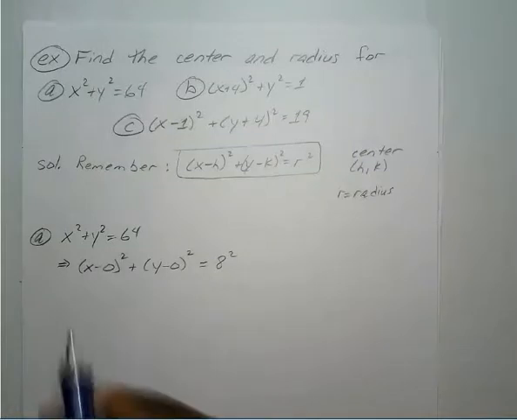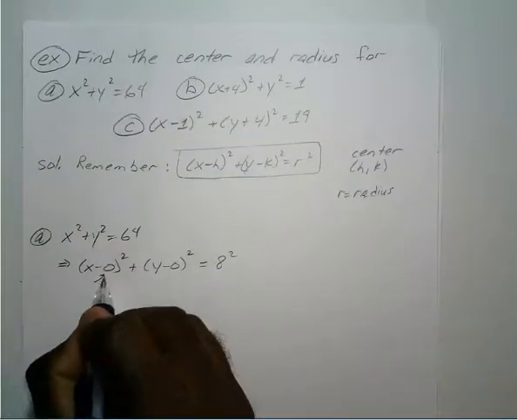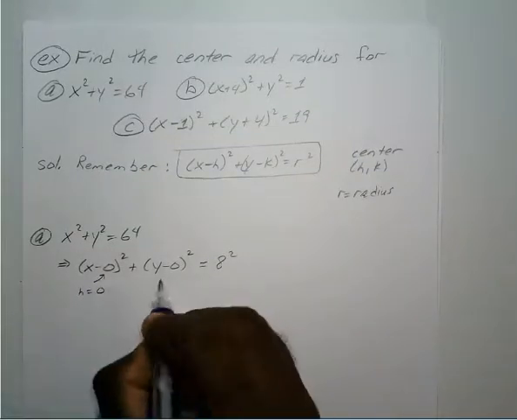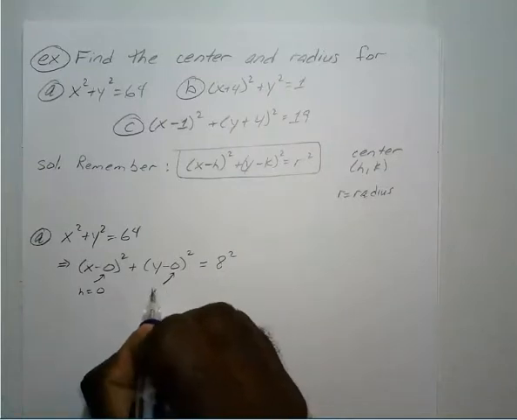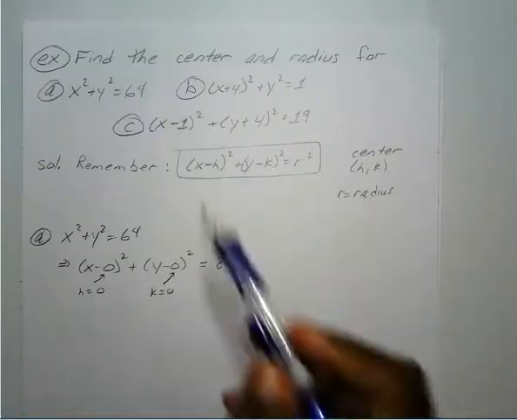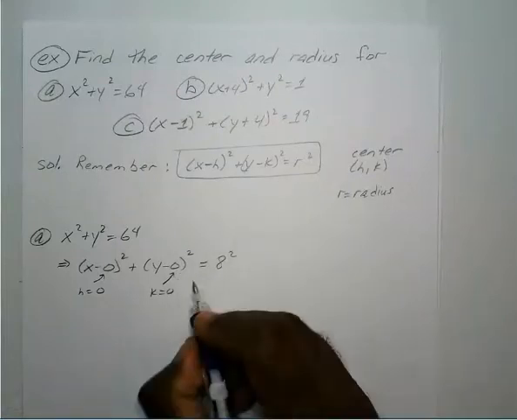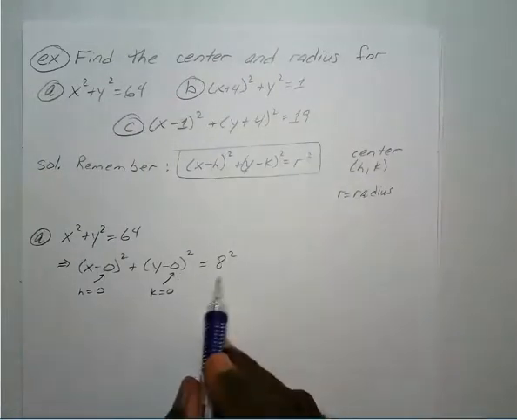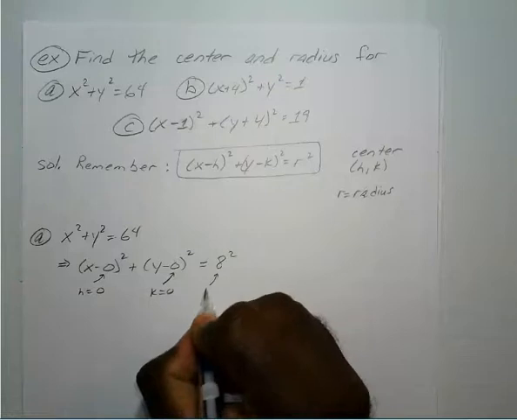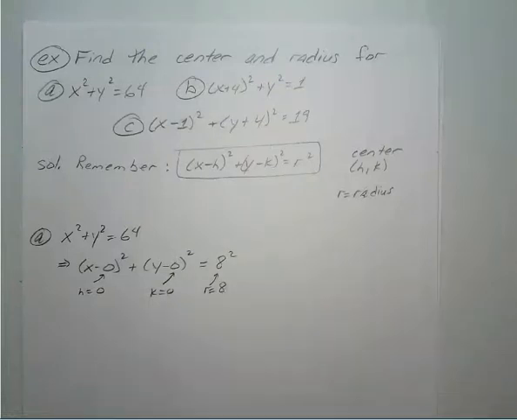Now once you rewrite it, you have everything you need. We know that h is equal to 0 and k is equal to 0, because remember, it's x minus h and y minus k. And you have r squared, so here you have 8 squared, so we know that r is equal to 8.